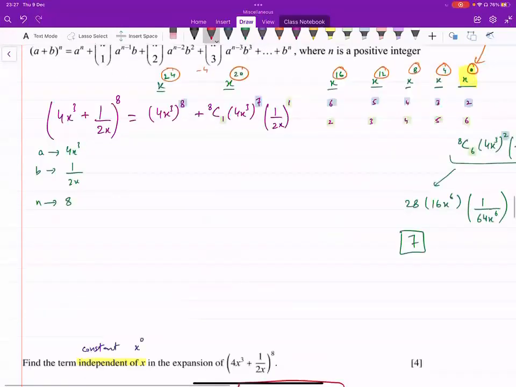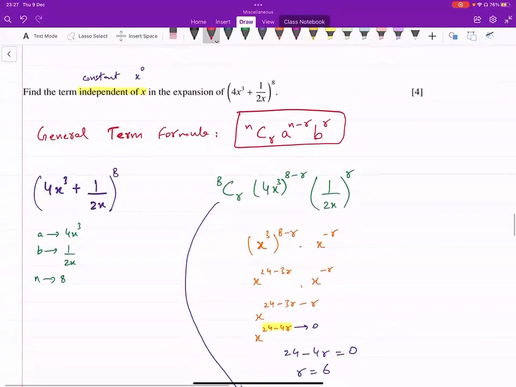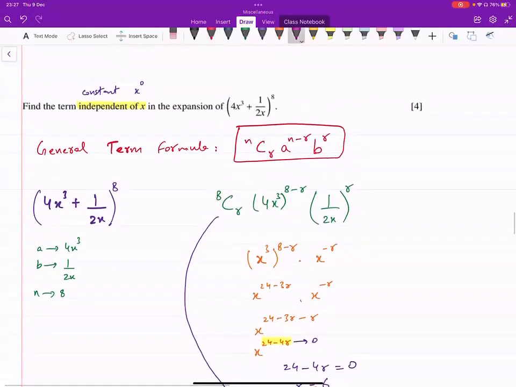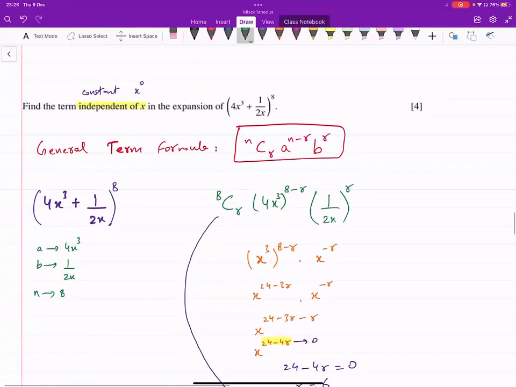इस pattern को follow करती है. NCR a raised to power n minus r into b raised to power r. The only difference that is there in every term is this value of r. R की value change होती रहती है, आपको different terms मिलती रहती हैं. So if we can find the value of r for the term that we are looking for, we will be able to figure out the coefficient, the term that we want.